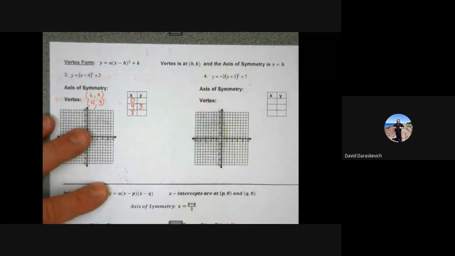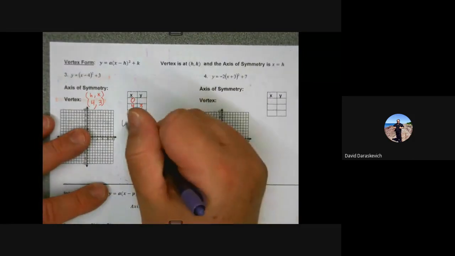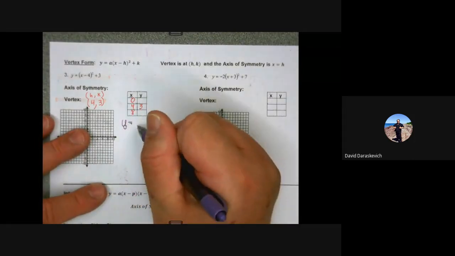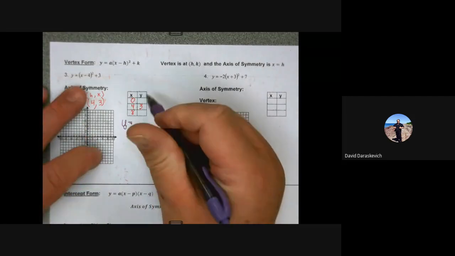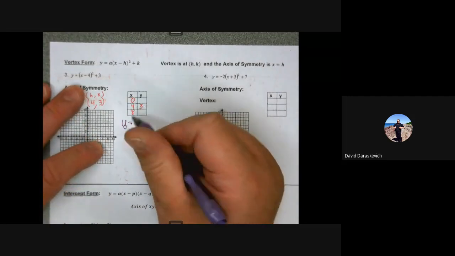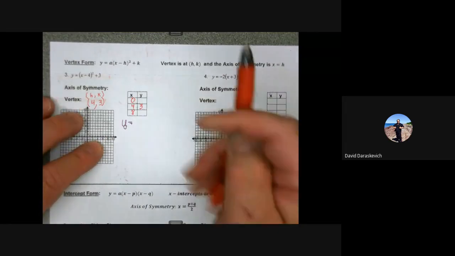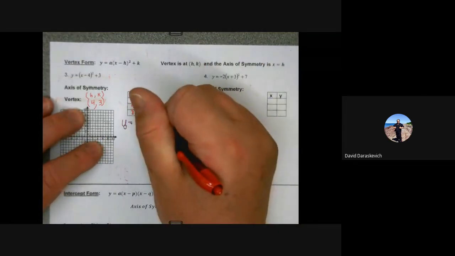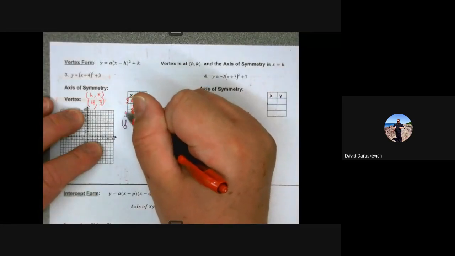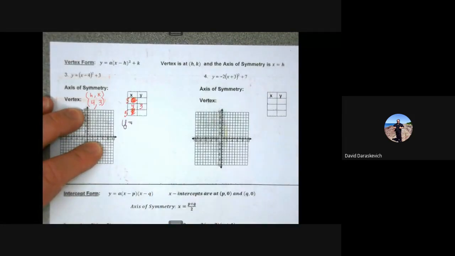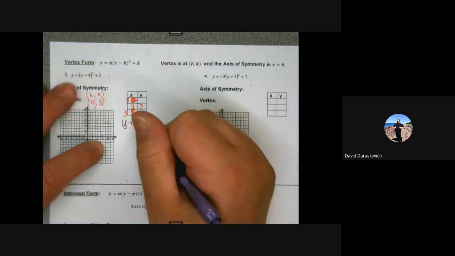I picked 0 because, oh, no, that doesn't really work, does it? Well, that's all right. It's not going to work because it's going to be off the graph. So I'll go back to choose my 3 and my 5. I was trying to be clever, but it's backfired.